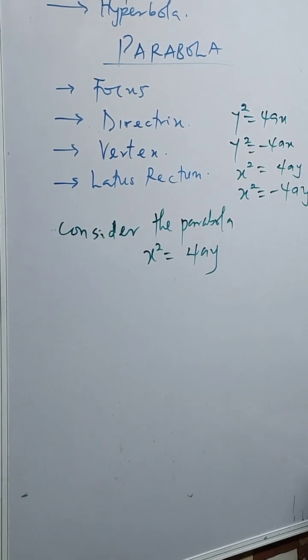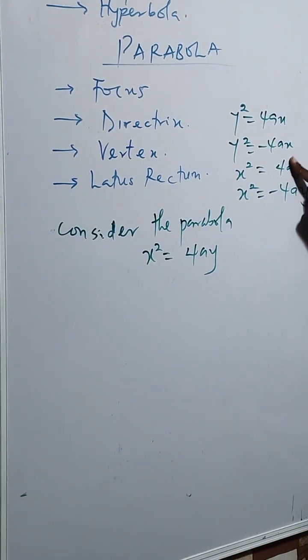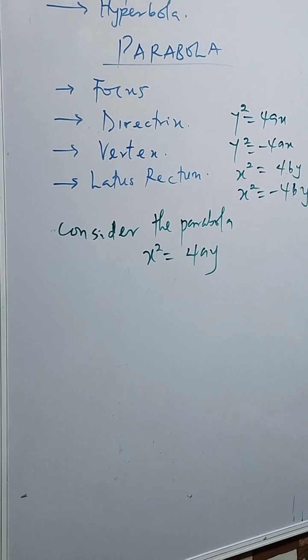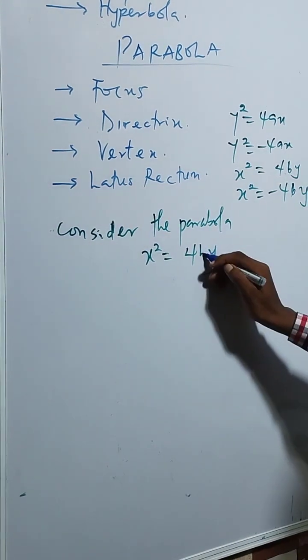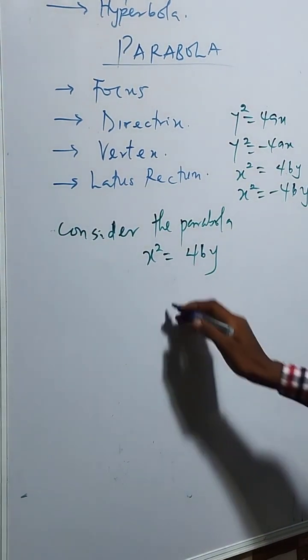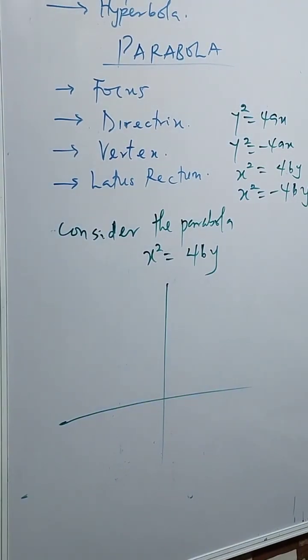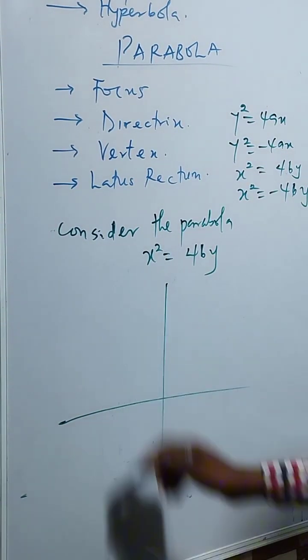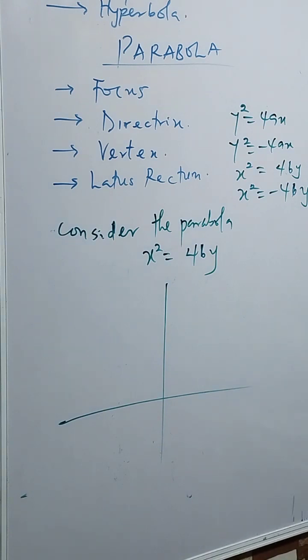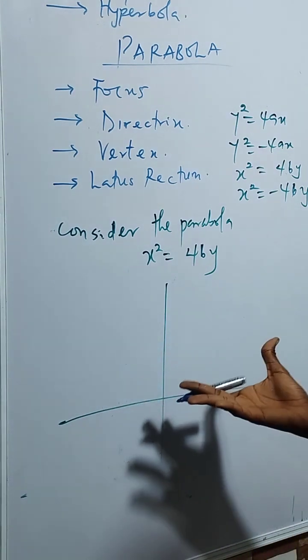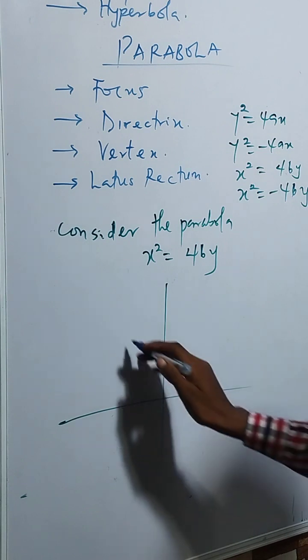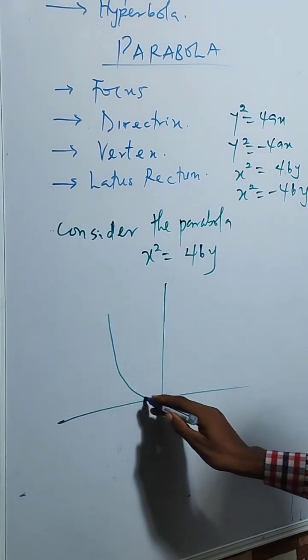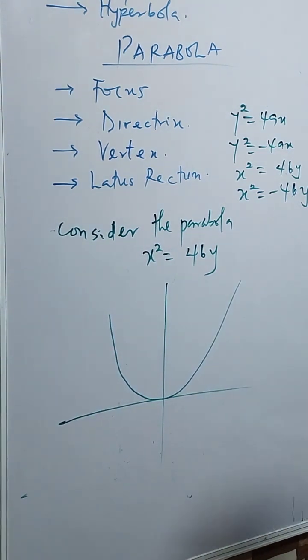But to differentiate this particular one, let's use b instead of a, so x squared equals 4by, so that we can easily differentiate it. Now this is going to be the parabola. The vertex will still be at the origin, but in this case I want it to be facing up, so I will join it as a minimum.